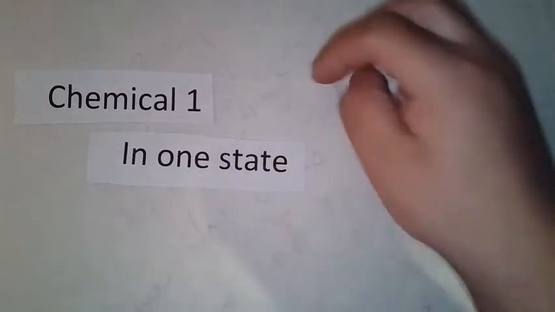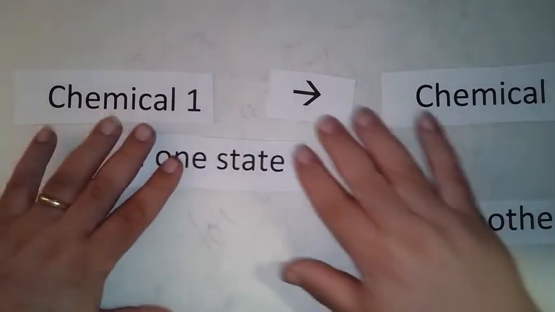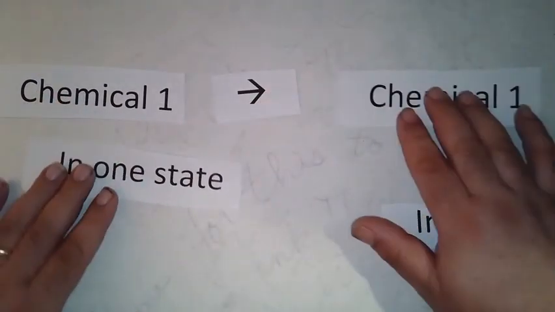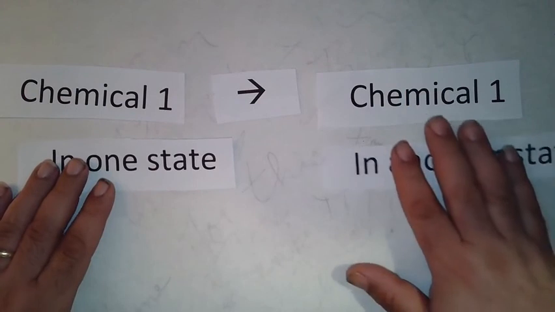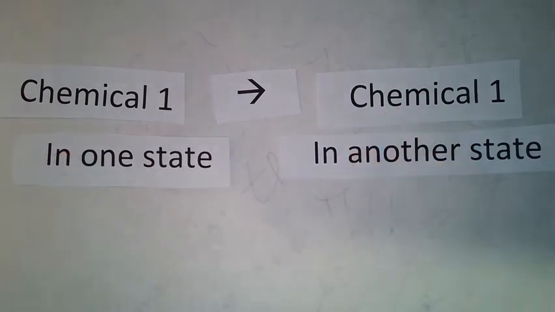So you're just going to go straight to the same chemical in another state. Since it's the same thing, we don't use this type of nomenclature system for anything that would be a physical change.